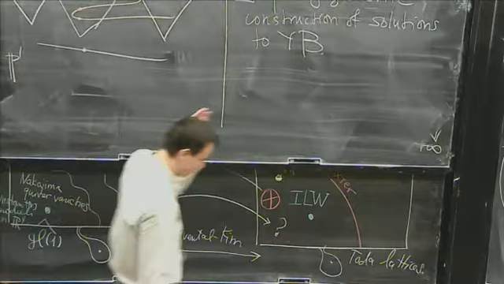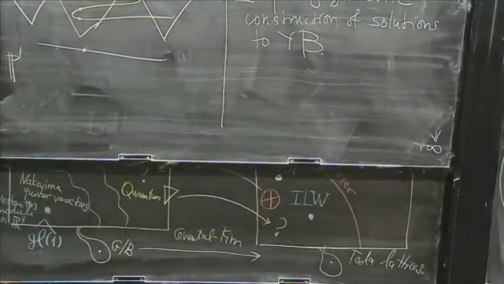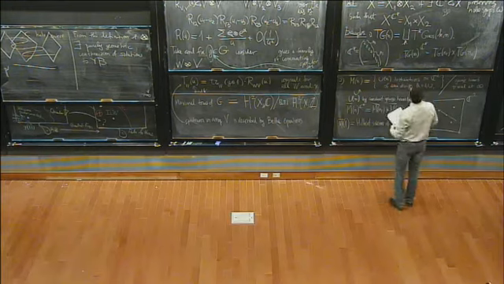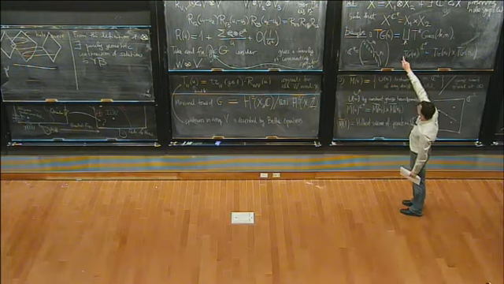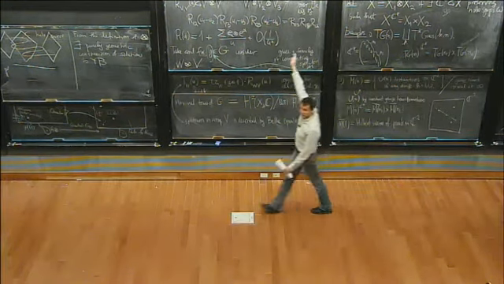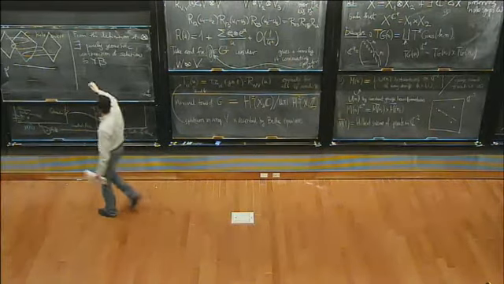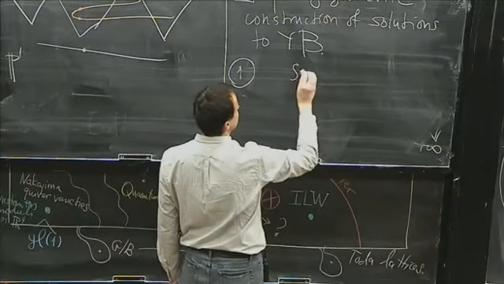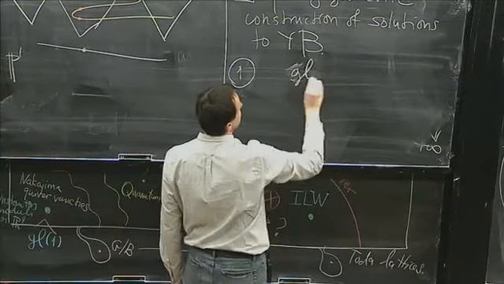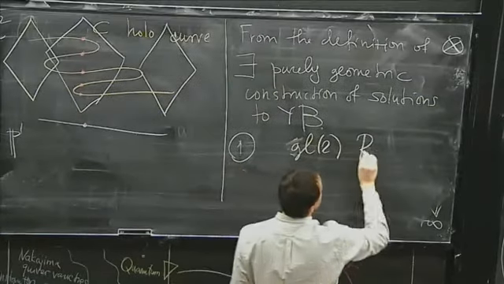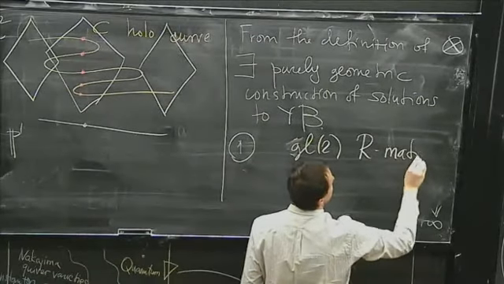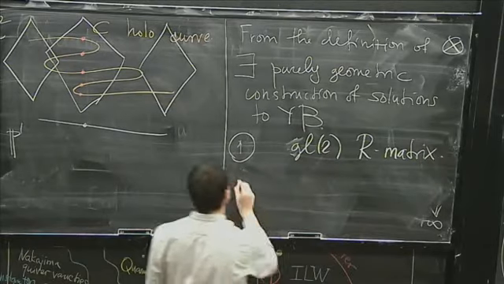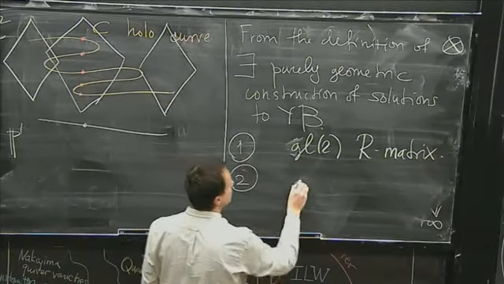This is Davesh Maulik's and my somewhat modest contribution to the subject. I'm not going to discuss it here, but the upshot is that in example 1 it gives you this SL2 or GL2 R-matrix, and example 2 gives you a certain GL1 hat R-matrix.